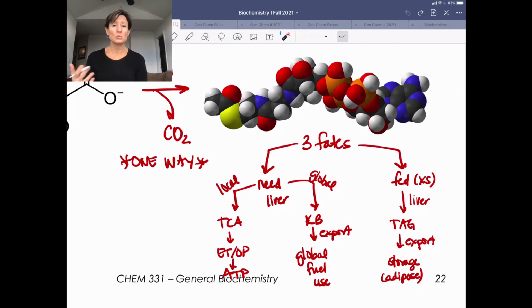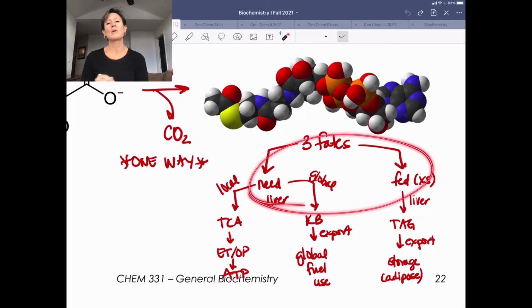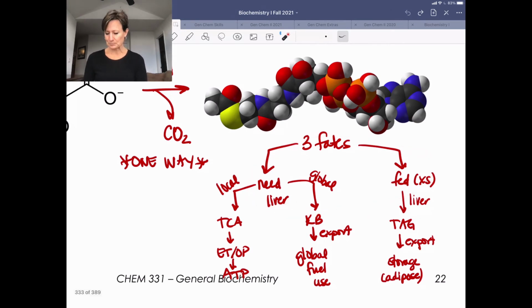Remembering that all fuels can ultimately be funneled to acetyl-CoA. Well, then your liver is going to take and reassemble those into fatty acids and triglycerides, export them for storage in your adipose tissue. And as we'll learn a little bit next learning unit and a lot next semester, hormones play a key role in this fuel partitioning pathway as well.